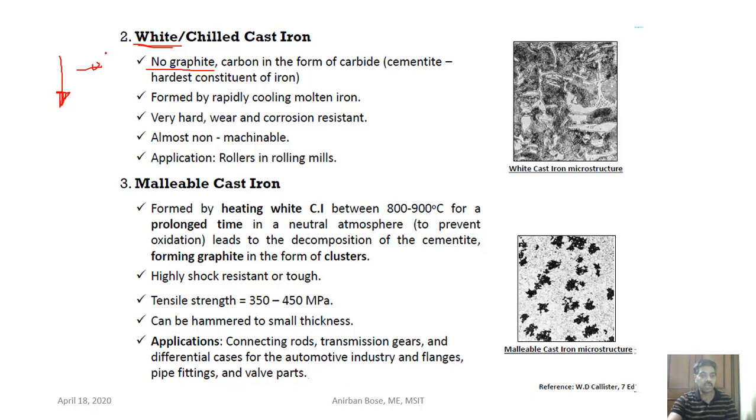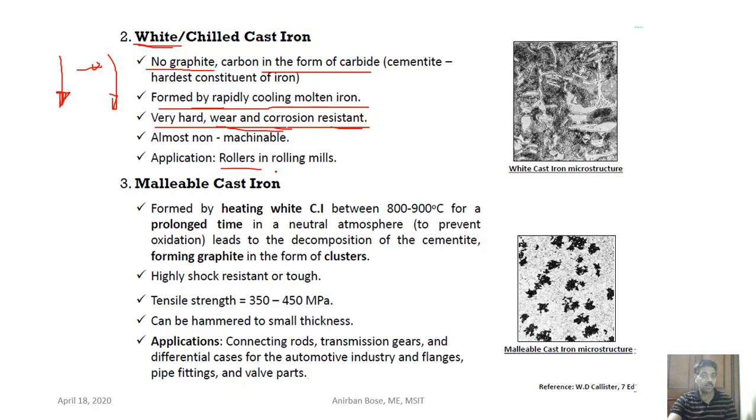Very hard and wear resistant, with corrosion resistance. Generally not suitable for any particular use since they are very brittle, but being very hard materials, they are suitable for rollers in the rolling mills. You have just seen in the steel making process, the steels passing through the hot rolling mills and the cold rolling mills, where there are chances of a lot of corrosion at very high temperature, and a lot of wear, because the rollers are continuously rolling over the surfaces of the steels or some other materials to reduce their sizes.